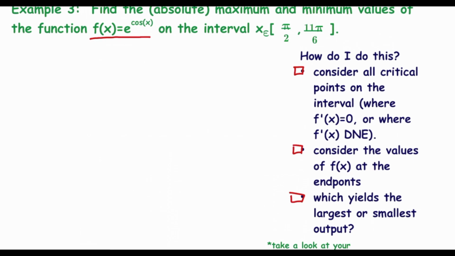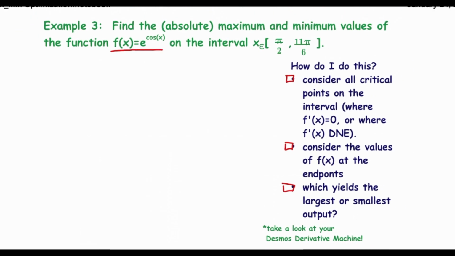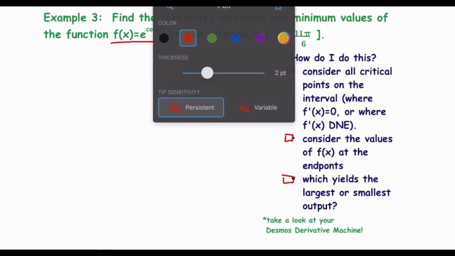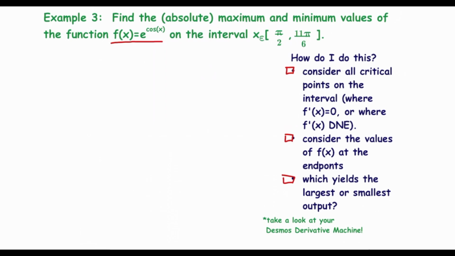I'm not going to spend a lot of time talking about the derivative here, but we'll go through it briefly. So first of all, in order to determine our critical points, we're going to take our function, f of x equals e to the cosine x, and this is going to be a chain rule example. We can quickly remember that the derivative of e to the x is just e to the x.